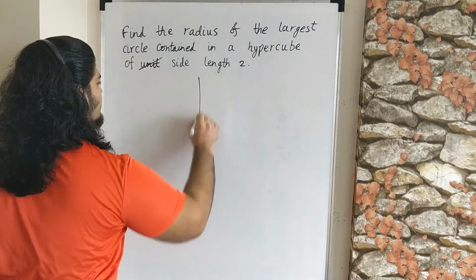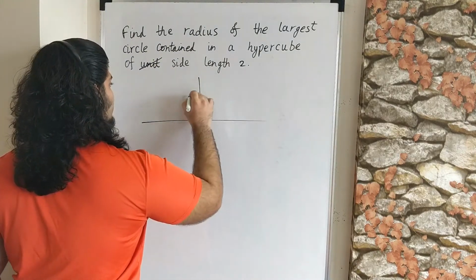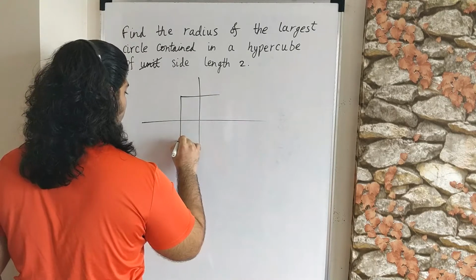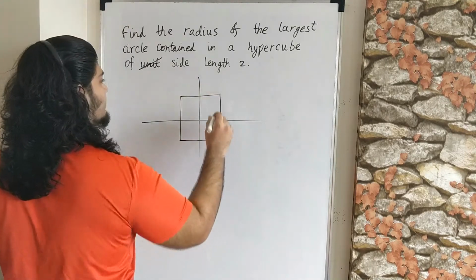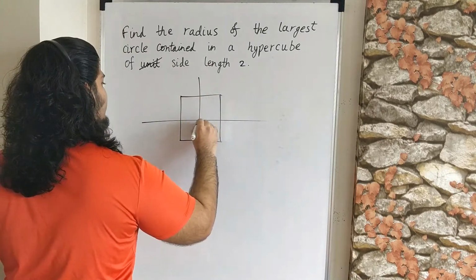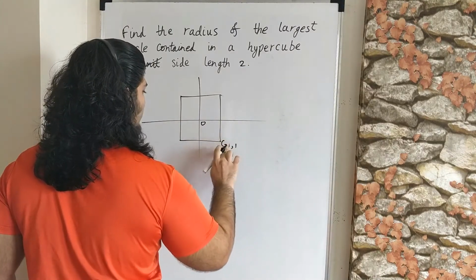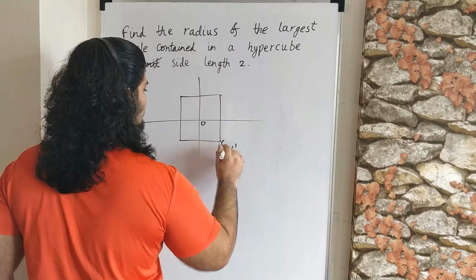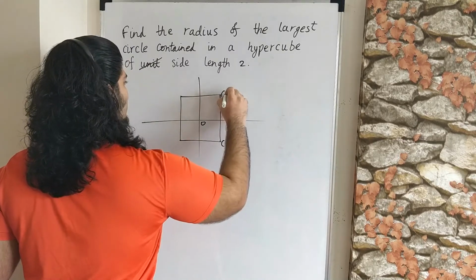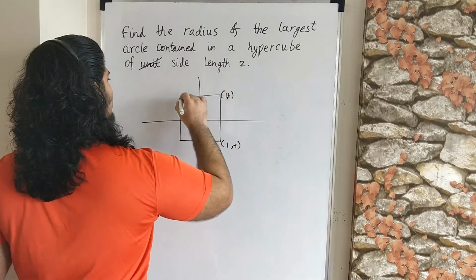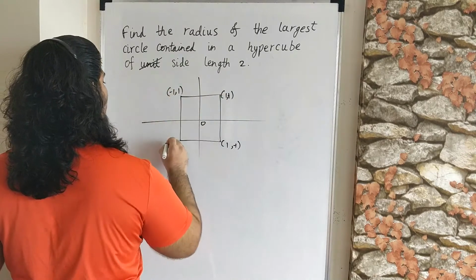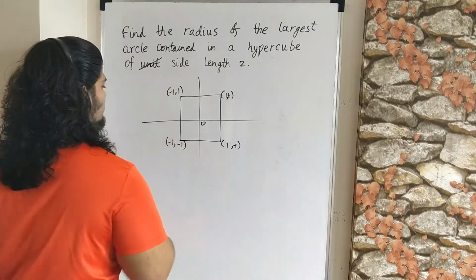So, let's say we have a two-dimensional Euclidean space, and we draw a square centered at the origin. So we know that this point is 1, 1, this is -1, 1, 1, -1, and -1, -1.